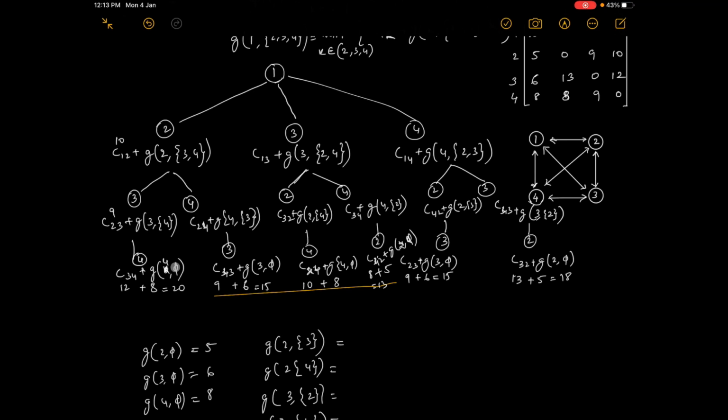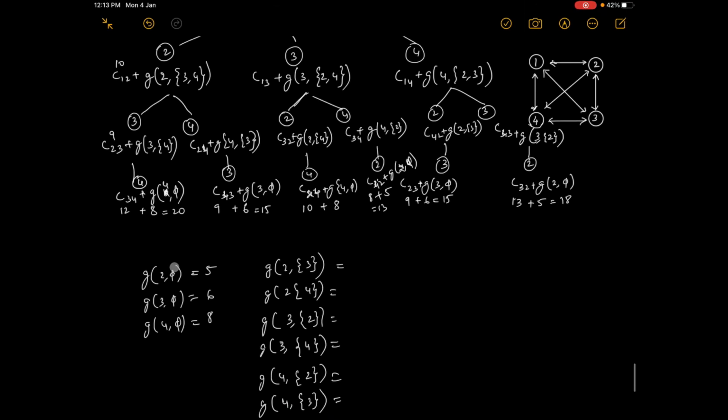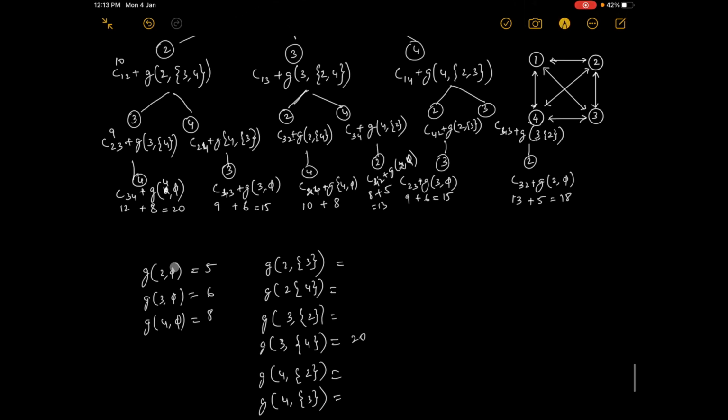Okay, now we have to add that to this. So what is g of 3 comma 4? 3 comma 4 is 20, correct? From here only, this is constant, so it is 20. And g of 4 comma 3 is 15.